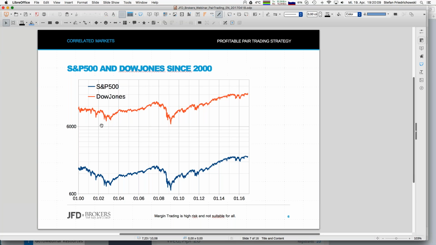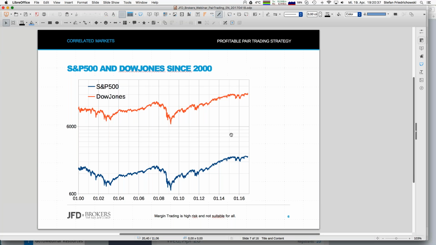Nevertheless, what we can see here is that the overall behavior over the last 16 years is quite similar between those two underlyings. You can see that all the spikes downwards or upwards are more or less at the same point in time, and you have two kinds of price behavior which are nearly identical.